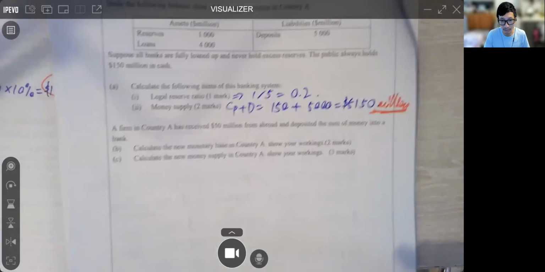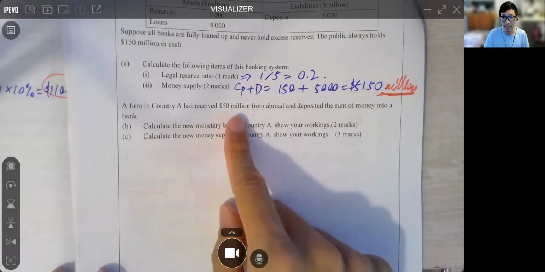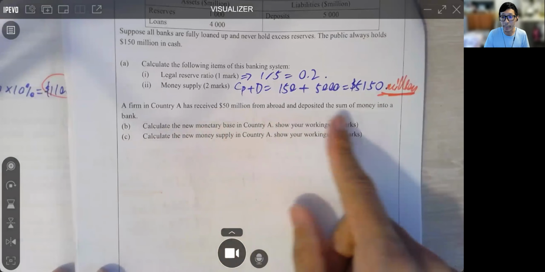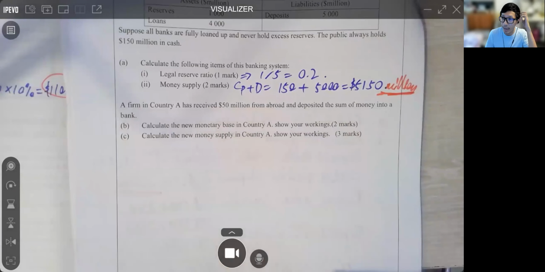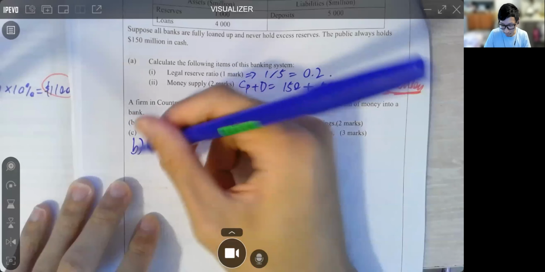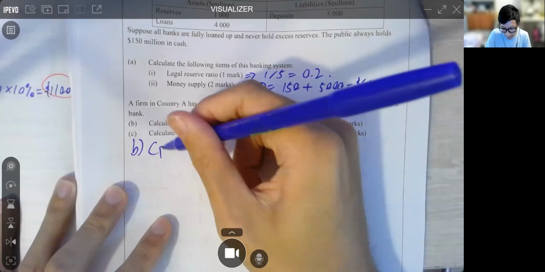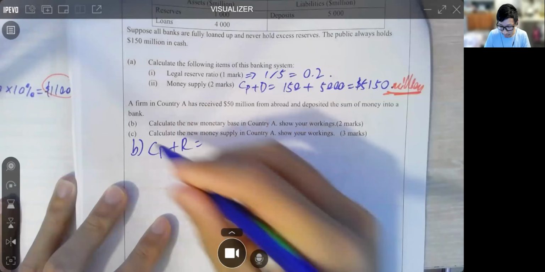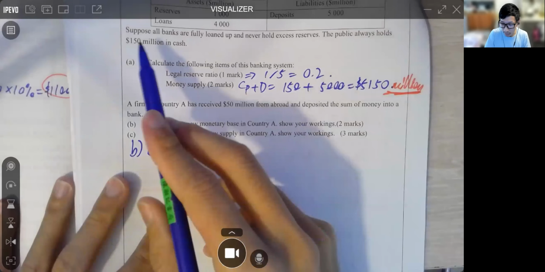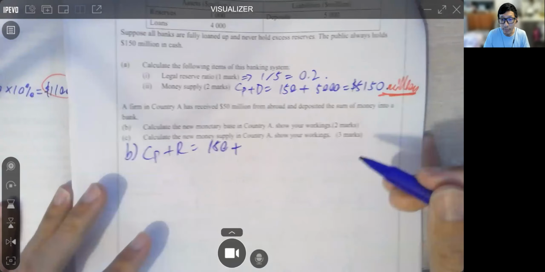Okay, next. A firm in country A has received this amount from abroad and deposited the sum into a bank. Now that it's deposited, what does that mean? First of all, for part B, monetary base, which we haven't learned yet, refers to CP plus R. CP we know is always 150 plus reserve.